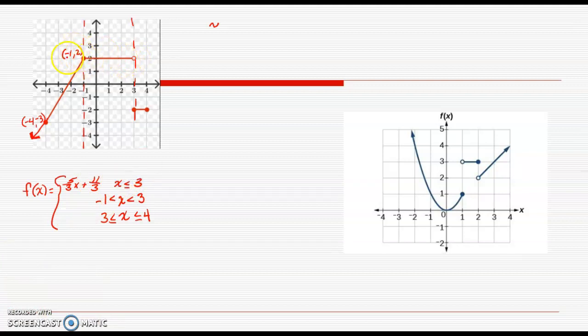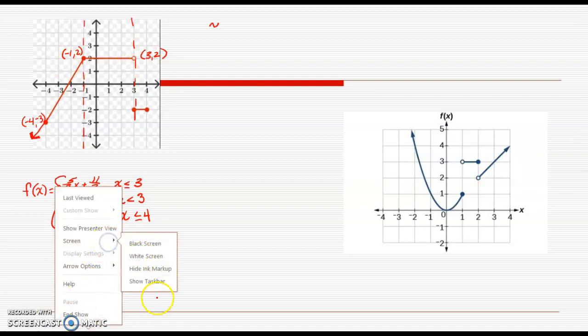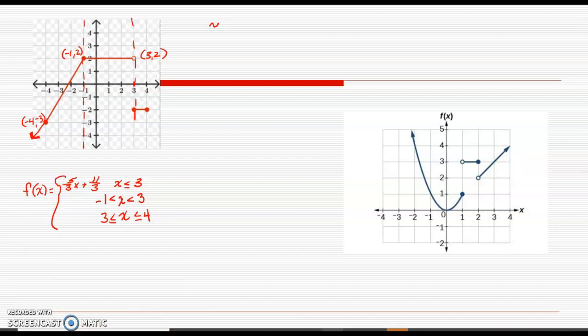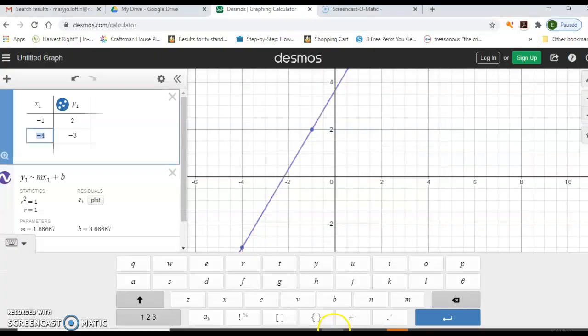Now we're going to do the same thing here. I've still got a -1, 2, and this is going to be a 3, 2. So you're going to substitute that in on Desmos. -1, 2 is already there. So all I have to do here is just do 3, 2.